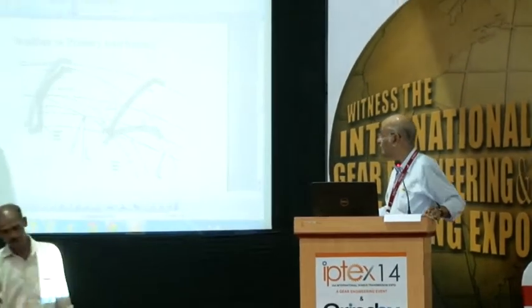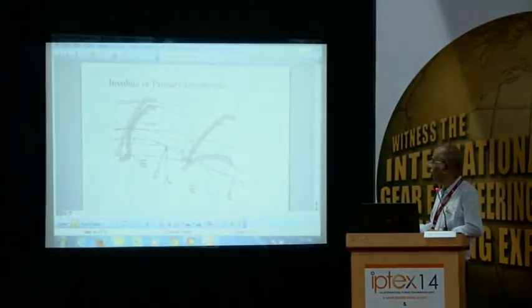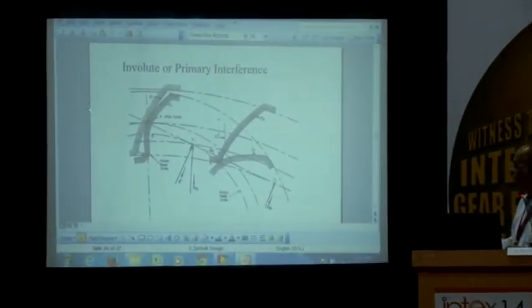Now this is what is called the primary. You have a pointer. Now this is the contact at the reference diameter.